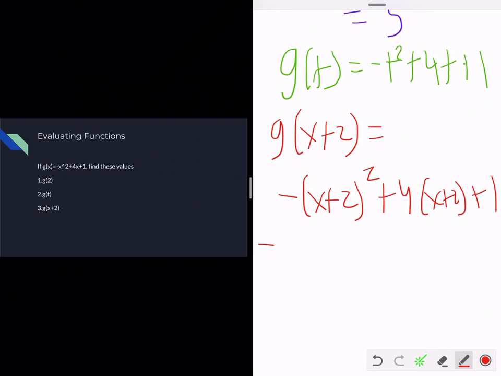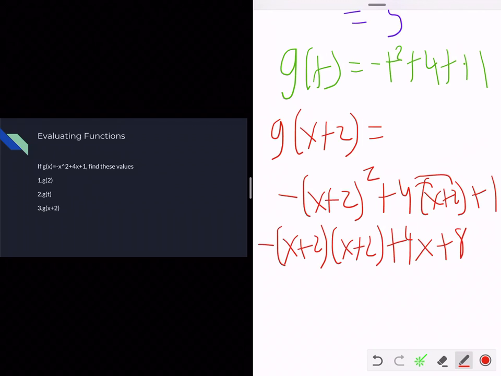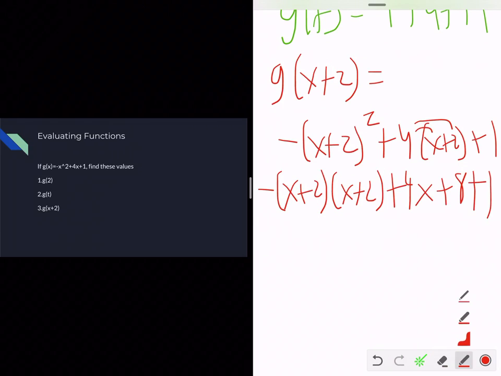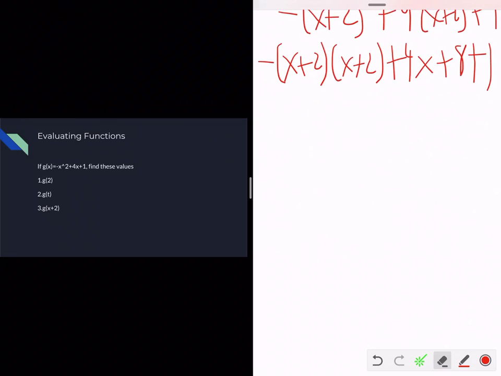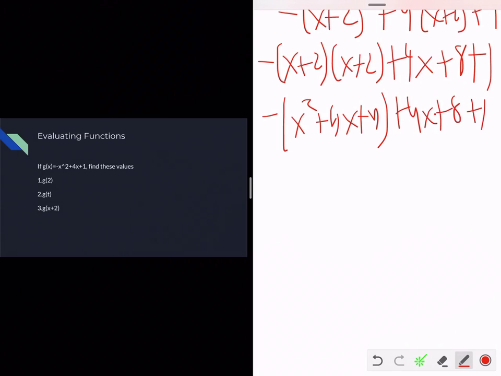So that means you get negative, just expand this out, x plus 2 squared, plus 4x, because distributing, plus 8 plus 1. If you FOIL out the x plus 2 squared, you get negative, negative on the outside, x squared plus 4x plus 4, plus 4x plus 8 plus 1.